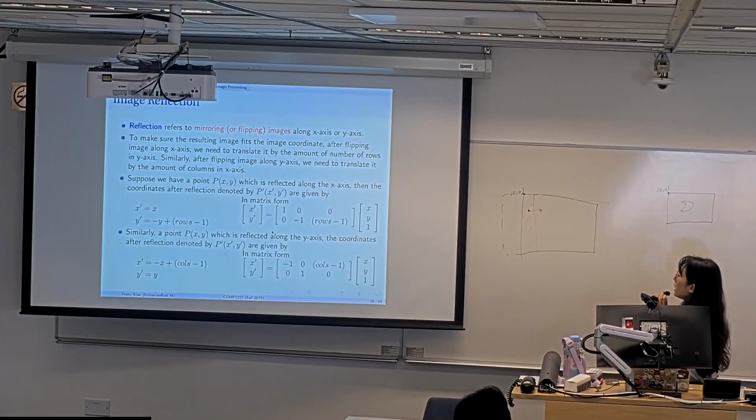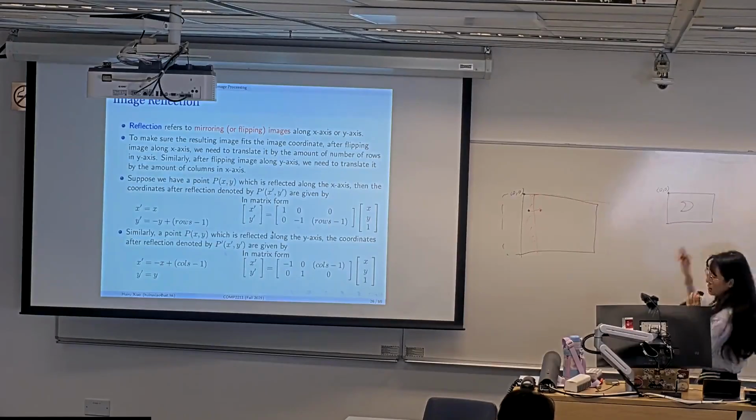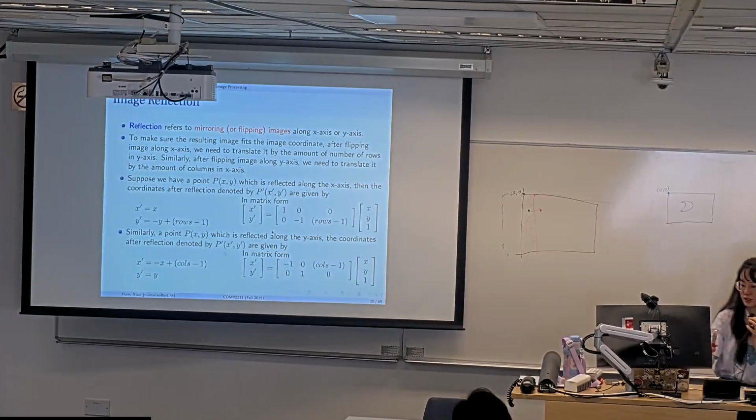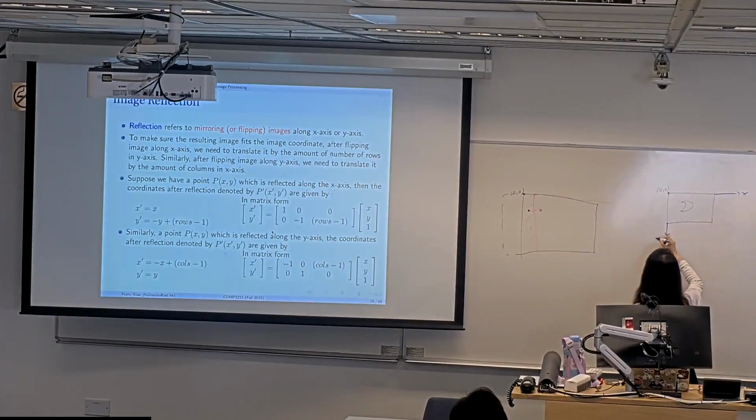And now suppose we want to flip it along the x-axis, and maybe use another color for this coordinate. This is the x-axis, this is the y.